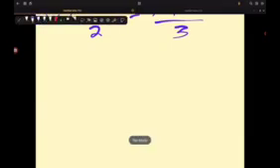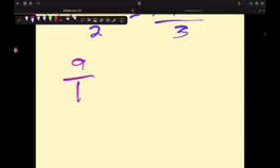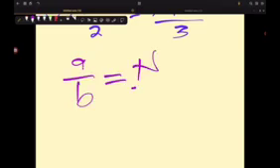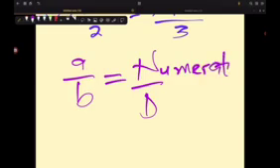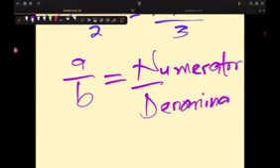A fraction is usually expressed in the form a over b, which is n over d. The n is the numerator, while this is the denominator. So fractions are always expressed as numerator over denominator.